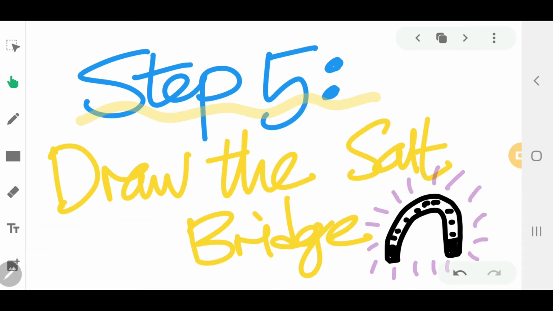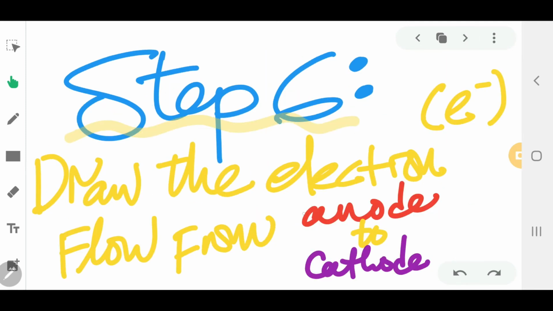And then in step 5, we need to draw the salt bridge to connect and complete the whole circuit. The function of the salt bridge is to maintain electrical neutrality. In step 6, you have to draw the electron flow from anode to cathode. Remember, the electron will flow from anode to cathode.